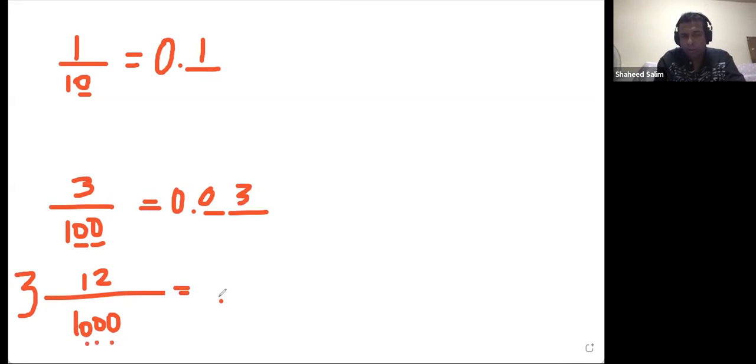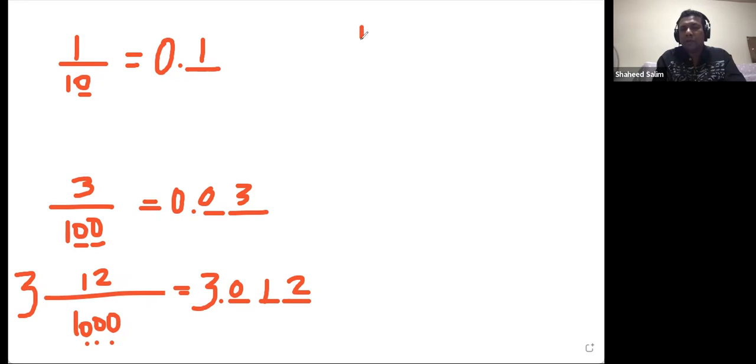Put a dot on here. 1, 2, 3. And then how? 12, right? 12 here. This one, 0. The number on here, 3, because it's a 3 whole number. So whenever the fraction is over 10, 100, 1,000, you can change straight away.